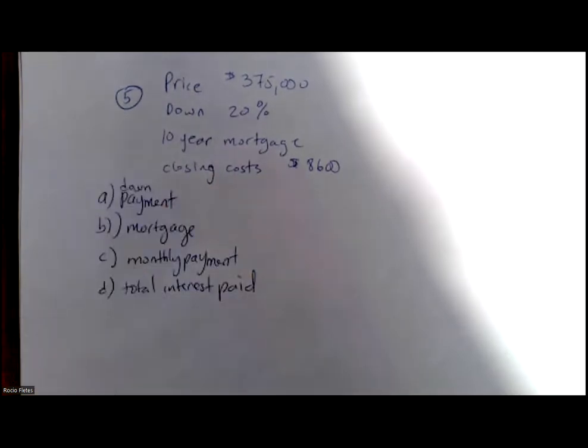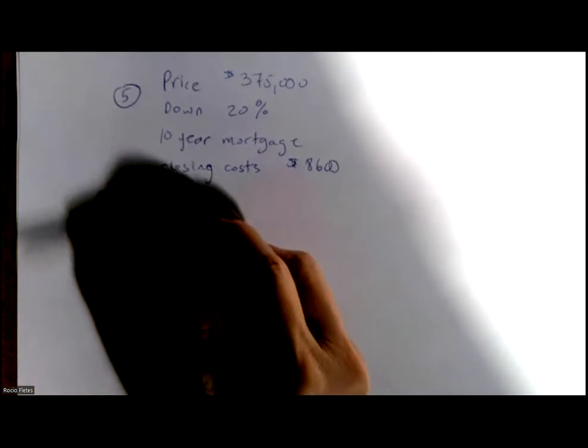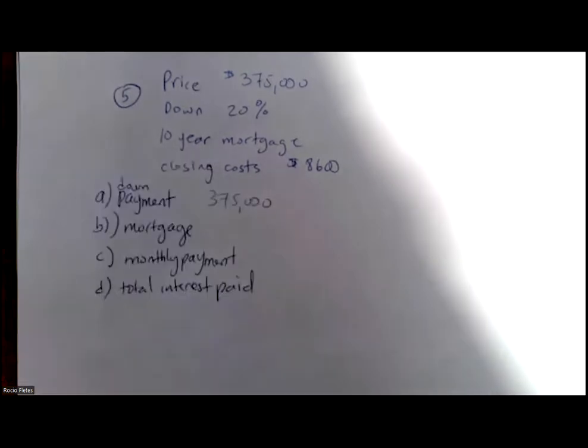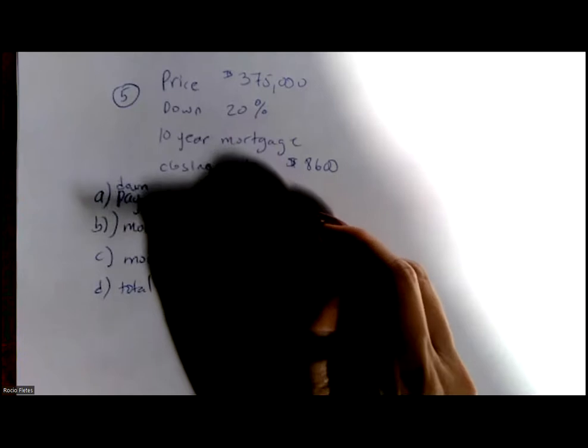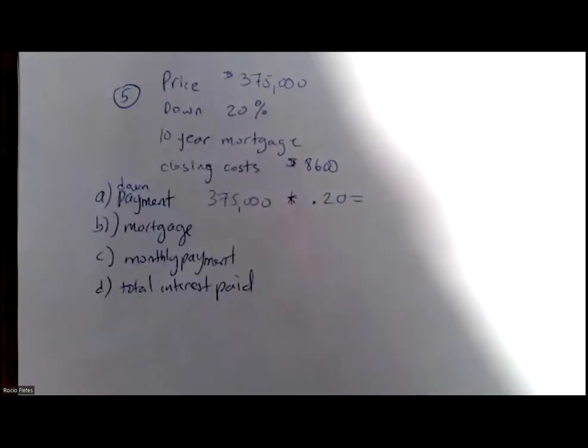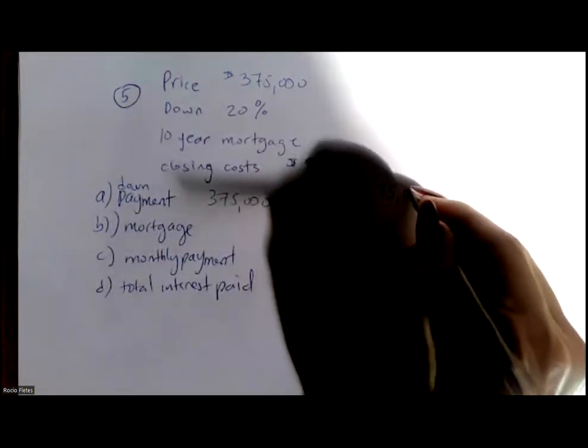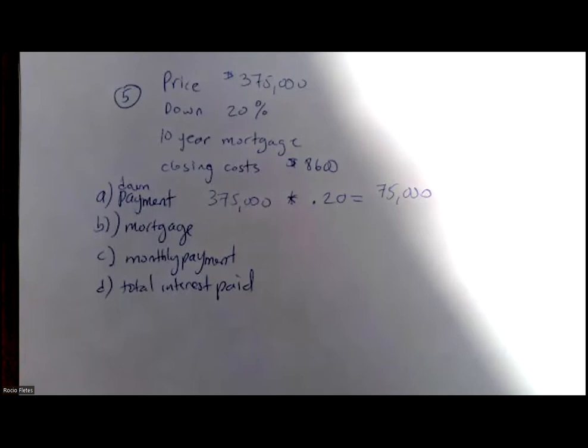The down payment is 20%. So we're going to take 375,000 times 20%, 0.20, and that gives us 75,000, right?